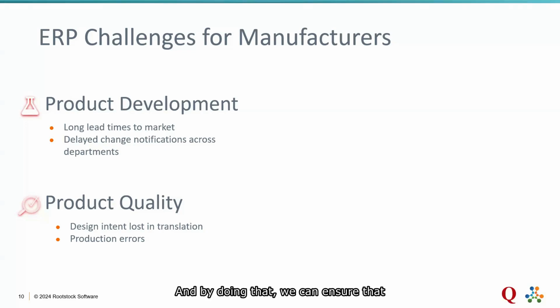And by doing that, we can eliminate things like wrong builds, which can result in spending more time rebuilding, remanufacturing, or scrapping designs or products entirely. So if you can ensure that there's good product quality, then that means there's less cost sunk into product development and wrong builds and production errors overall for these companies.